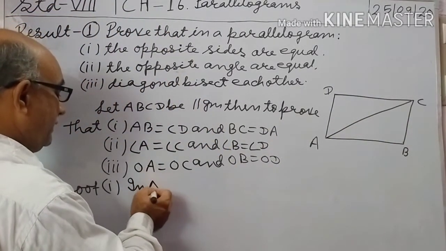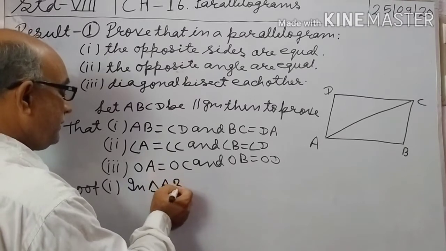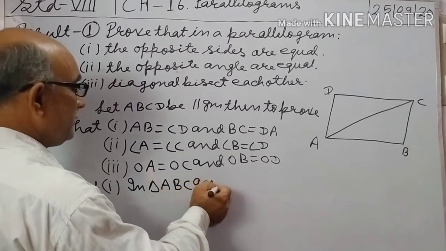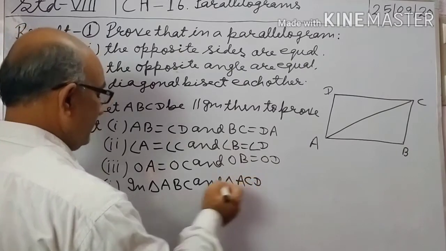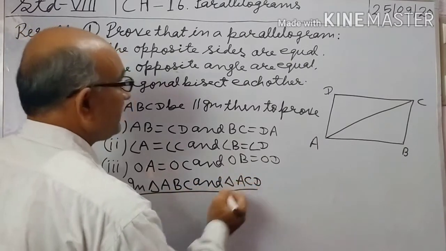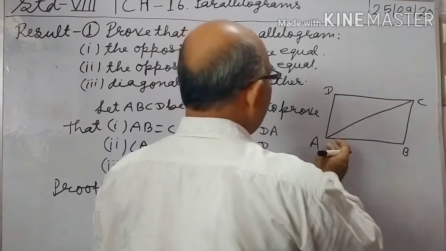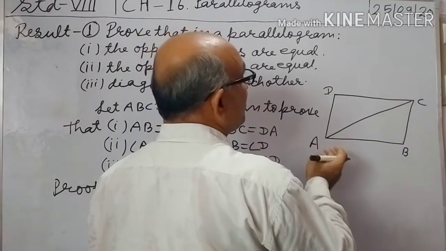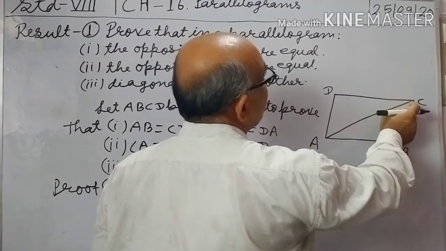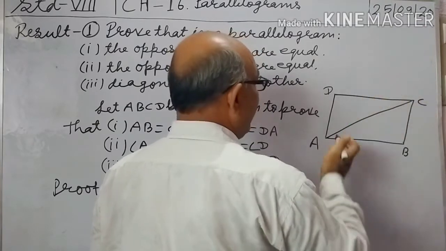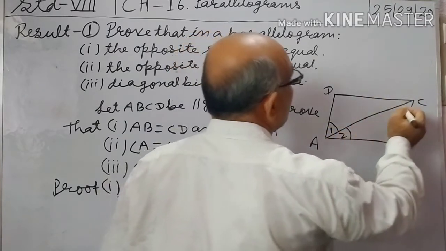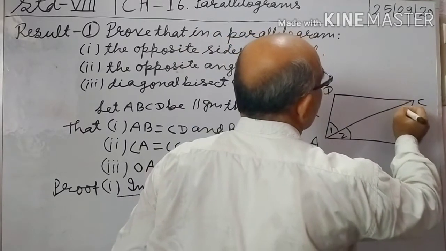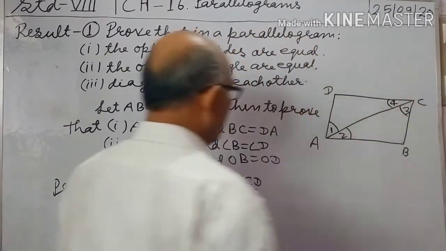In triangles ABC and ACD, the diagonal divides angle A into two angles and angle C also into two angles. So angle 1, angle 2, angle 3 and angle 4.